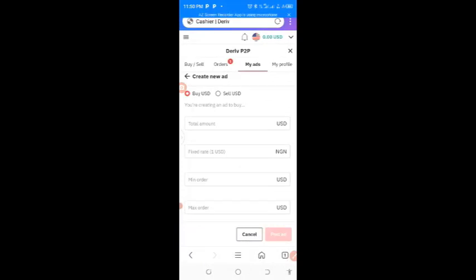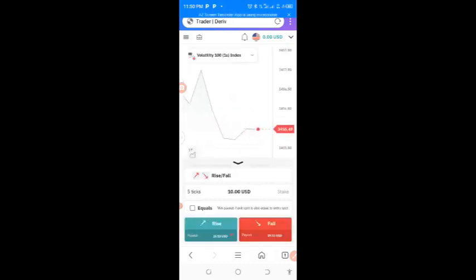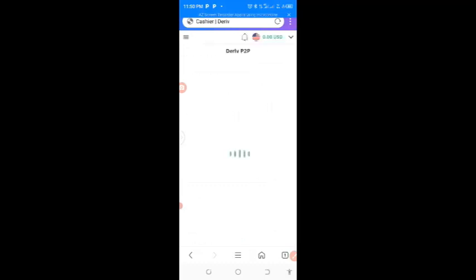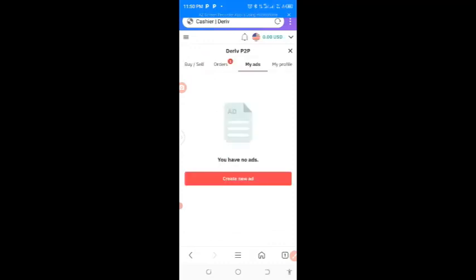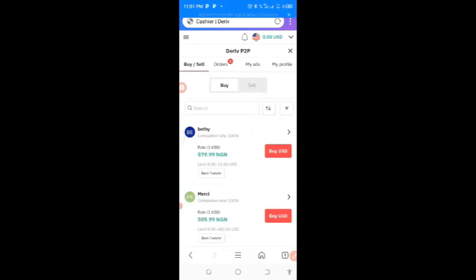Let me go back from this one. Yes, I think I need to go back to that cashier again to explain better. After this one, you can also go back to buy and sell again.